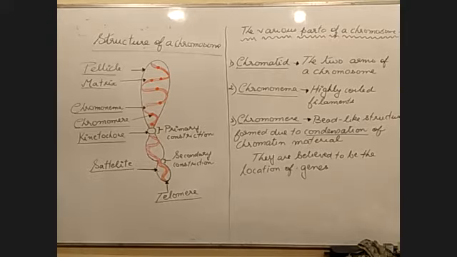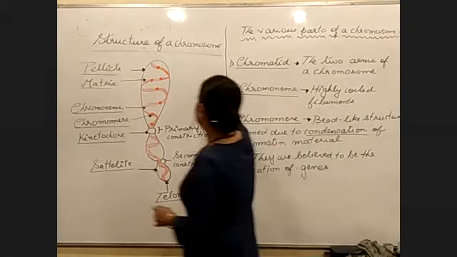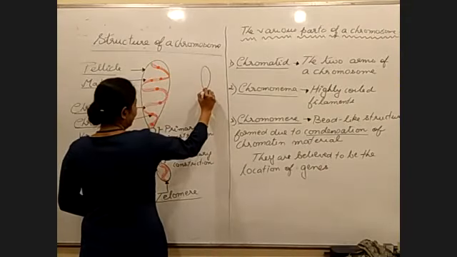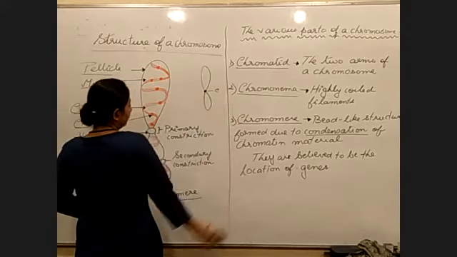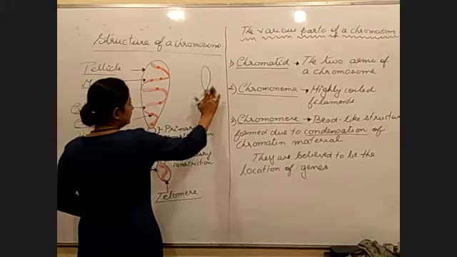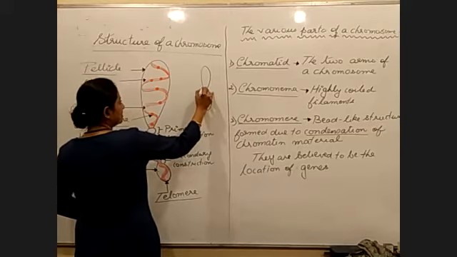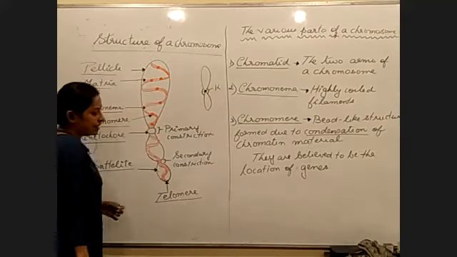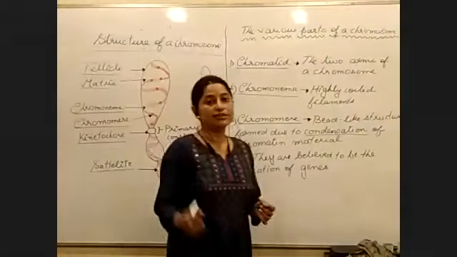Ma'am, what is the difference between centromere and kinetochore? The centromere is the constricted area where the two chromatids are attached to each other. This centromere is covered by a disc-shaped structure, which we call the kinetochore.